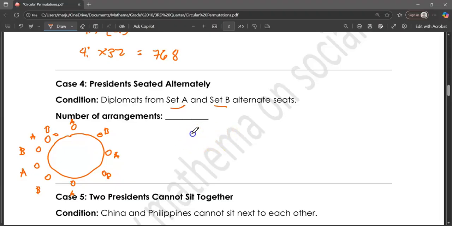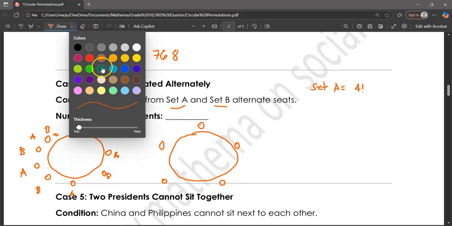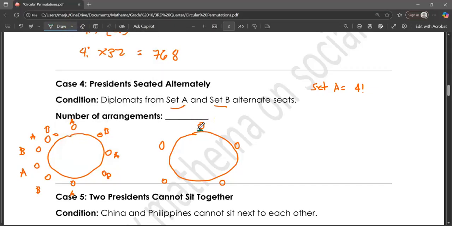So if we have our circular table here, how many ways can we arrange set A in the circular table? Set A would be n minus 1 factorial ways, or 4 factorial. And then, if this is our set A here, how many ways can we arrange set B? What we're going to do is just fill in the gaps. So this will become B, B, B, B, and B.